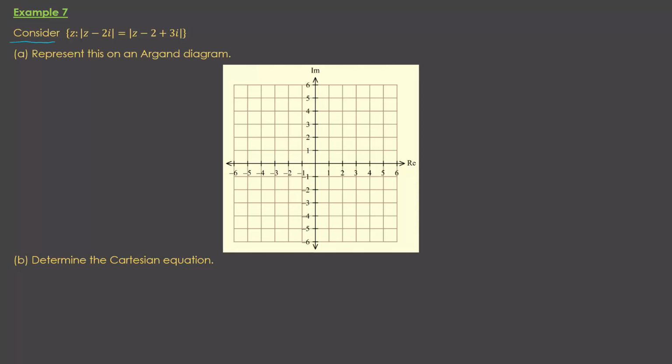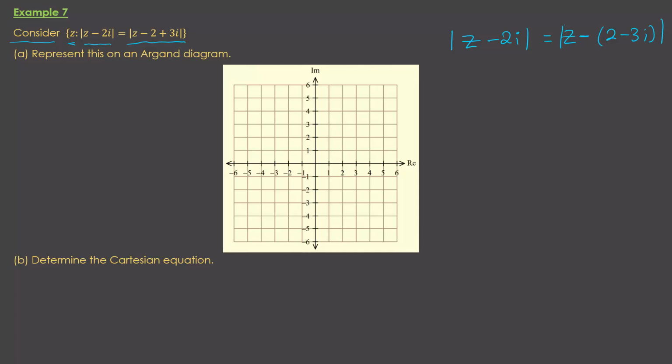Consider the set of points z such that |z − 2i| = |z − 2 + 3i|. Now I would rewrite this. The z − 2i is fine, but the other part I would write as |z − 2 − 3i|.